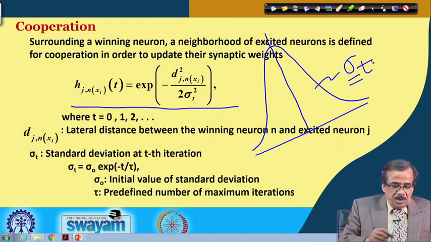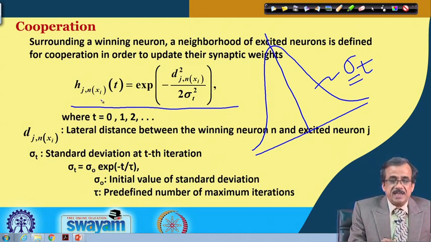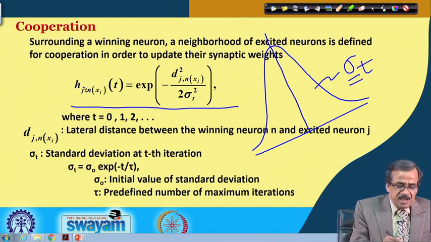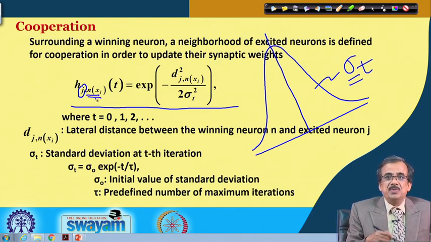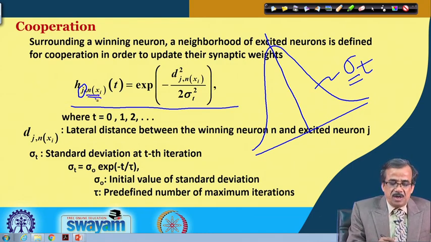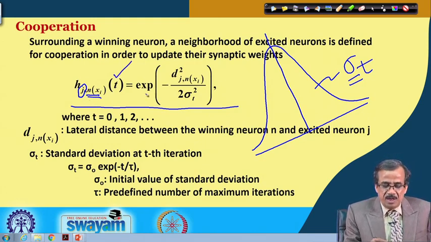Now, if you see h j n x I, here j is your excited neuron or the excited connecting weight, and small n is nothing but the winner. So, the neighborhood function between the jth excited connecting weight and the winner small n at tth iteration is nothing but exponential minus d j n x I square divided by 2 sigma t square.